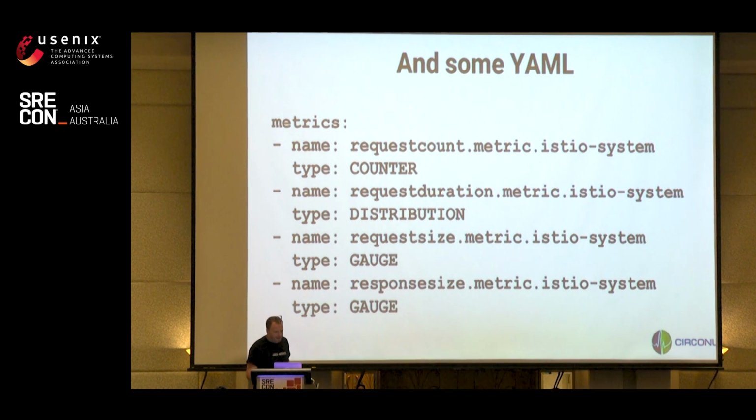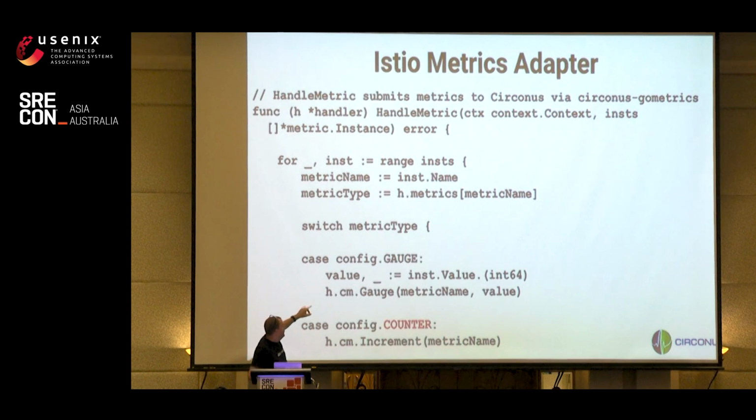So here is the YAML I had to write, and all this does is basically tell Istio, hey, this request count metric that Istio provides, I want that to be a counter data type, because then I can go back here in my handler and do a case comparison on type and submit that metric appropriately based on what type of data structure I'm expecting it to be.